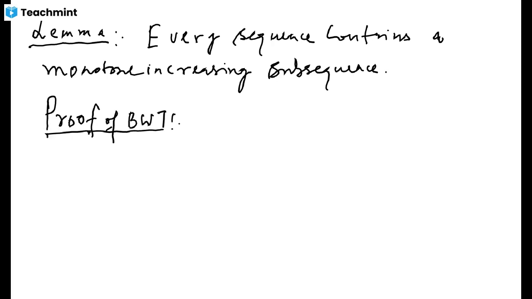Bolzano-Weierstrass theorem. What is the statement of Bolzano-Weierstrass theorem? It says that a bounded sequence will have a convergent subsequence. So let us take a bounded sequence first. Let Xn be a bounded sequence.